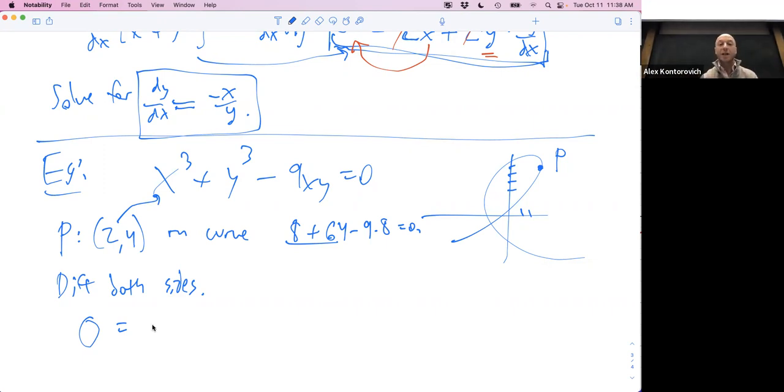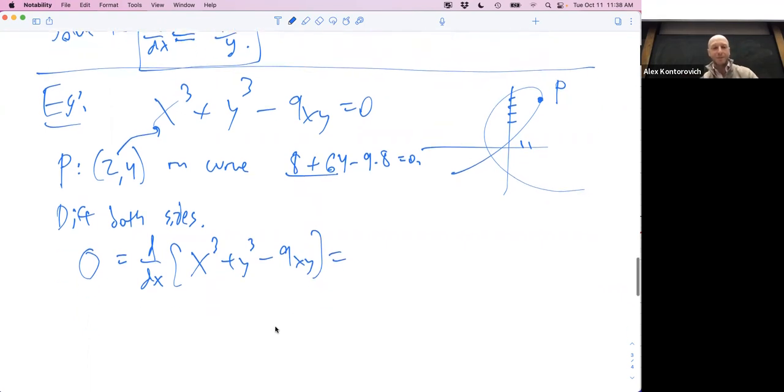So if I differentiate, that's why I say d/dx, x is what's changing. y is implicitly a function of x. Let's differentiate x cubed plus y cubed minus 9xy. The x cubed becomes 3x squared.